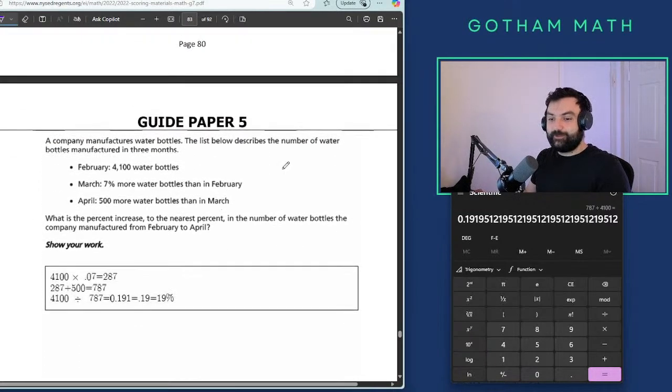All right, what is that? 287. 287 plus 500, 787. This is all not right because this divided by this is not 0.19. So somehow this person did it the other way, just wrote it in the wrong way, but got the right answer though, and rounded it correctly.